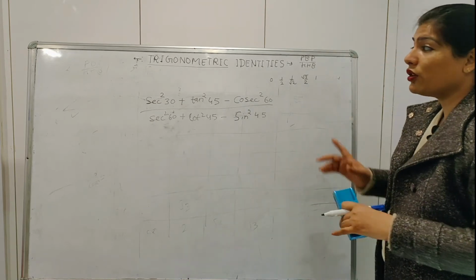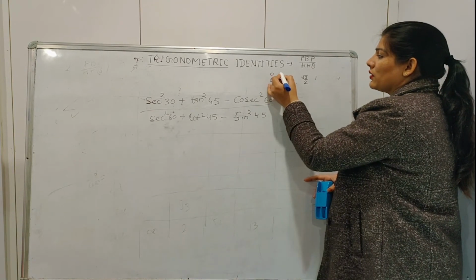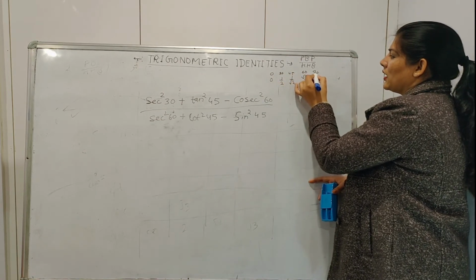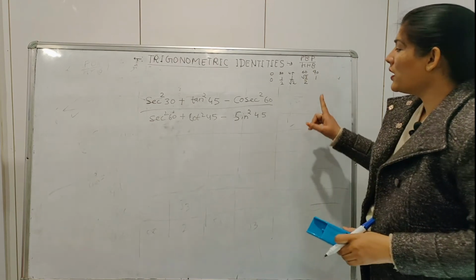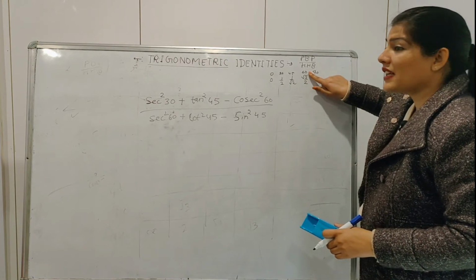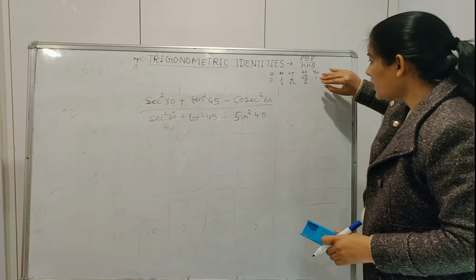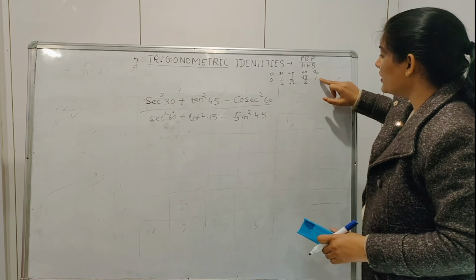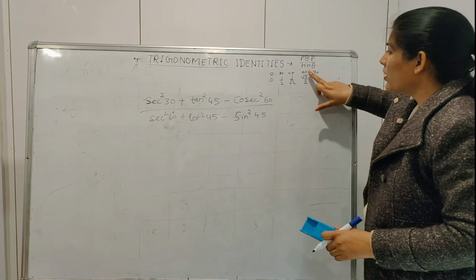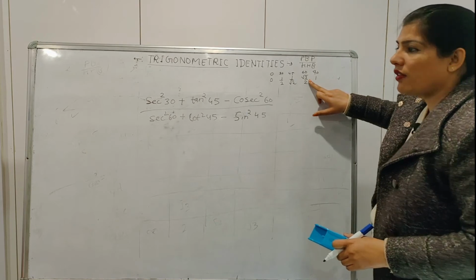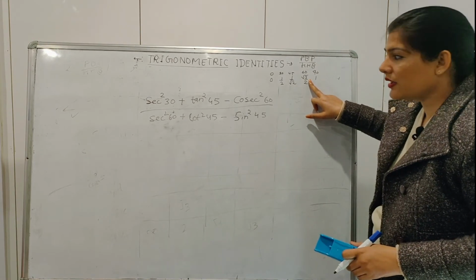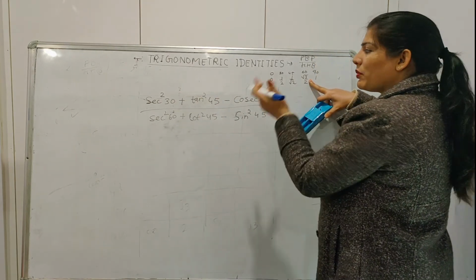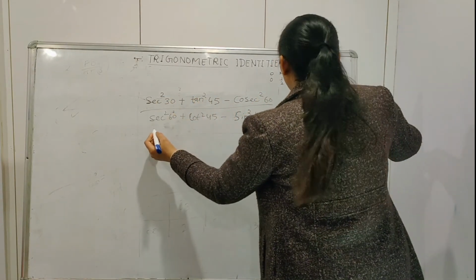And what is the value of cos? Remember we write the values of cos by changing the order of sine. So the value of sine 60 is equal to the value of cos 30. So cos 30 is root 3 upon 2, and the reciprocal of this is sec 30.